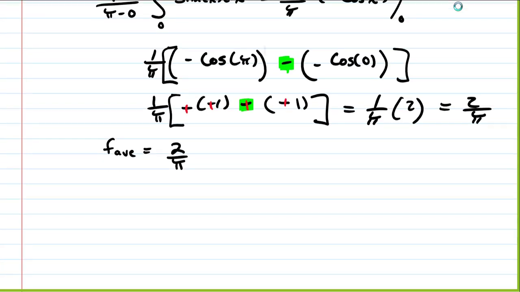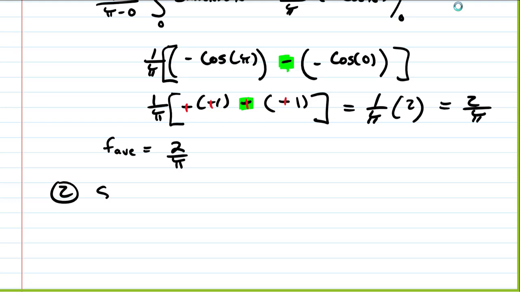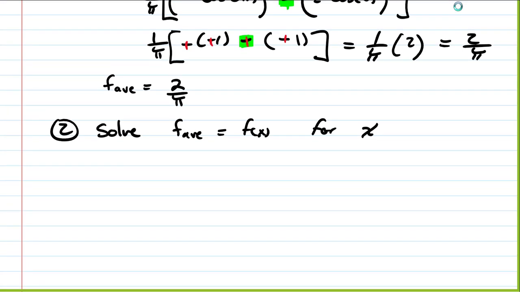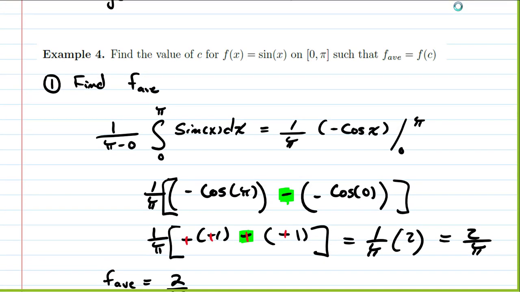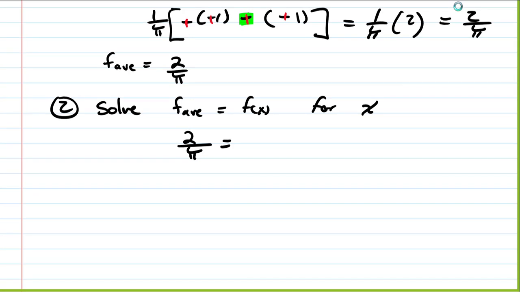So now step 2, we need to solve f average equals f of x for x. So we need to solve the equation 2 over pi is equal to our f of x, and our f of x in this case was sine x. To solve this, we take the inverse sine of both sides.